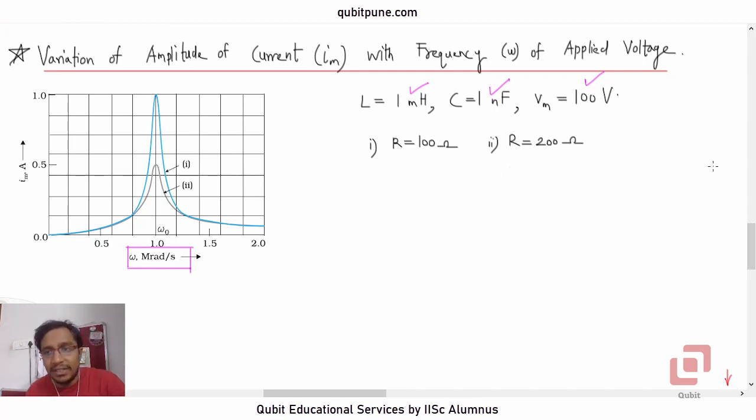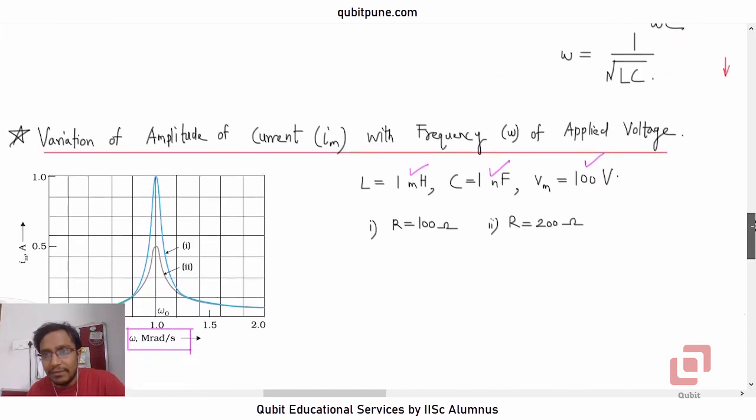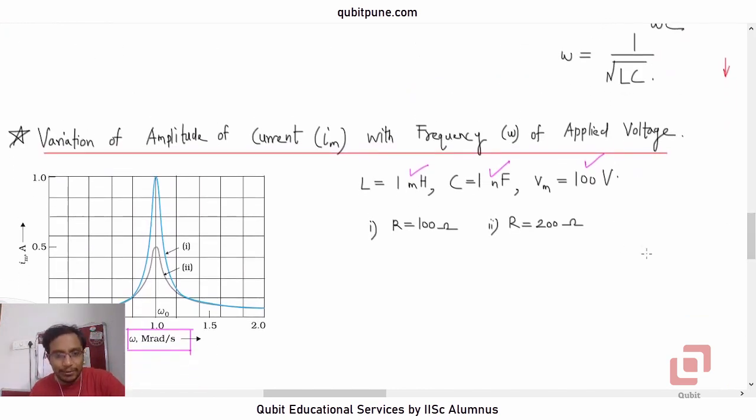The resonating condition, you can very easily calculate the frequency, 1 upon root LC. I'm not going to do that. It's very simple, right? You take the product of this, and then you take the square root, and then take the reciprocal. It will turn out to be omega resonating equal to 10 raised to 6 radians per second.